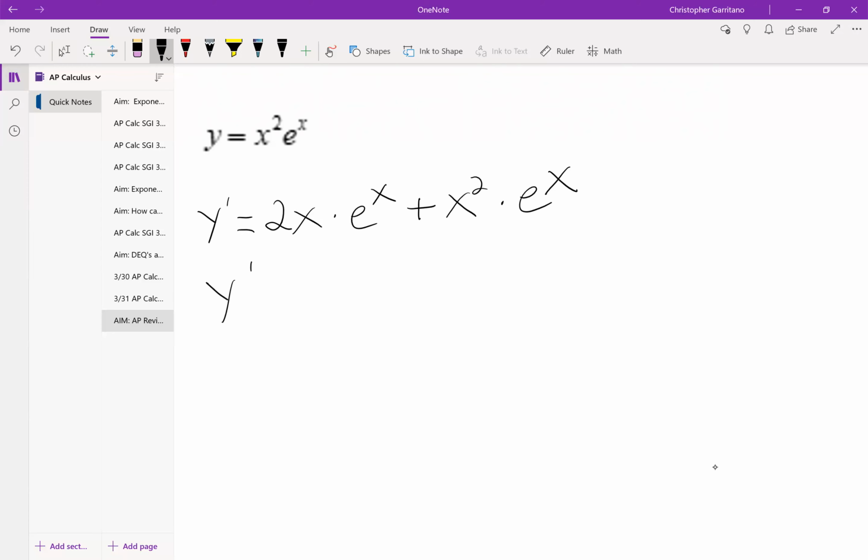Okay, and that's all, except for maybe simplifying some. So there's an e to the x term in both of these terms, and so I'm going to factor that out, and I can just rewrite this. I could write this as e to the x times 2x plus x squared. Boom. And there we have it.